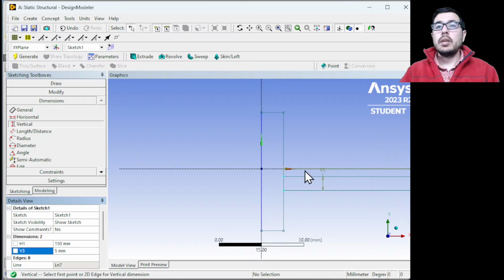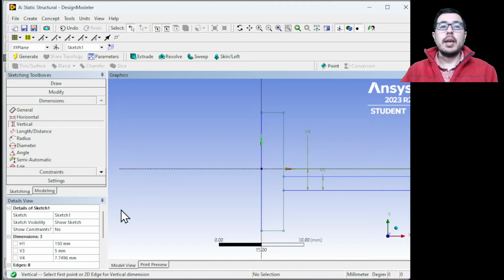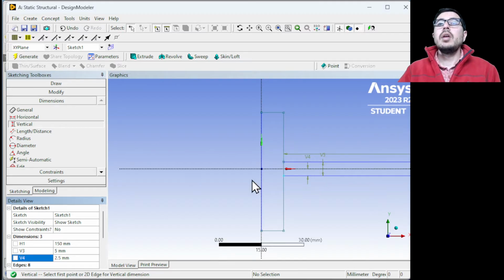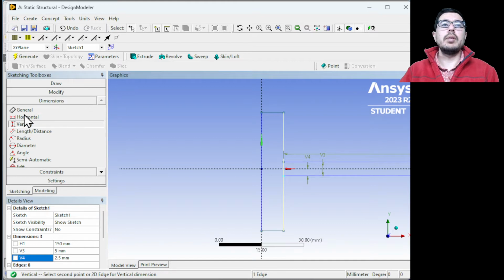And we can go ahead and bring that dimension to half of that, which is going to be 2.5 millimeters. We can make this look a little bit nicer by using the general dimension.